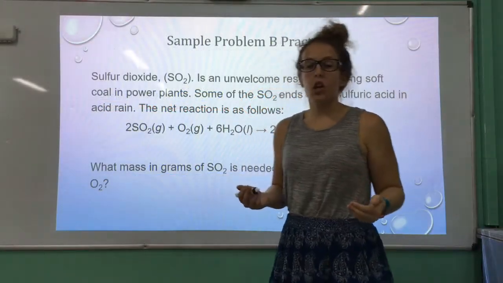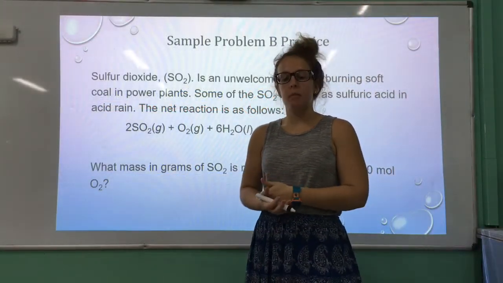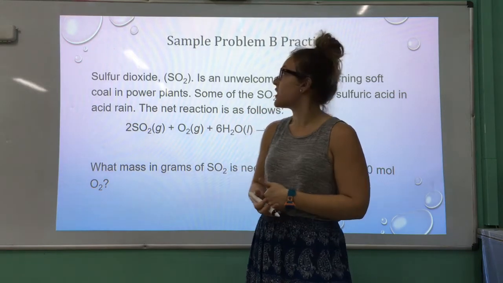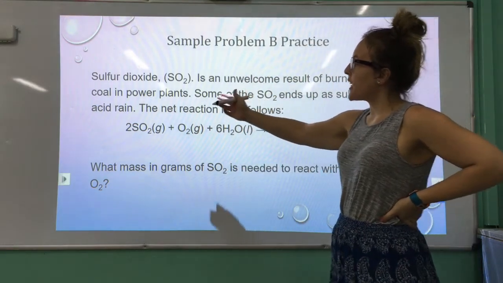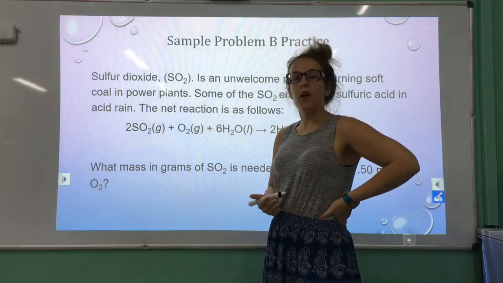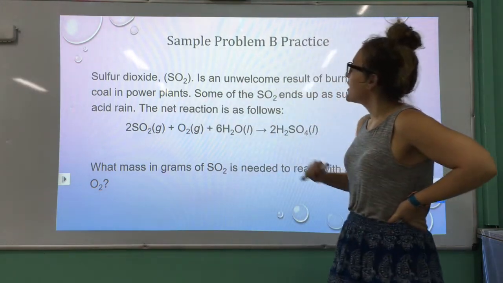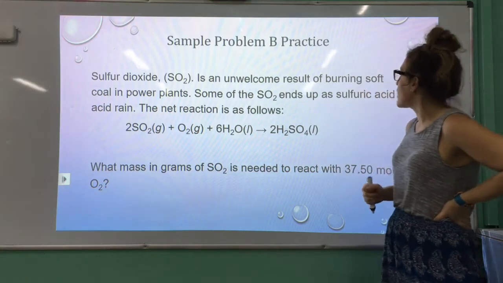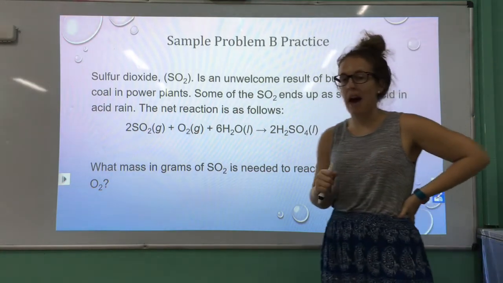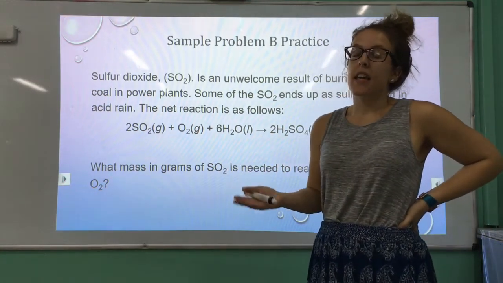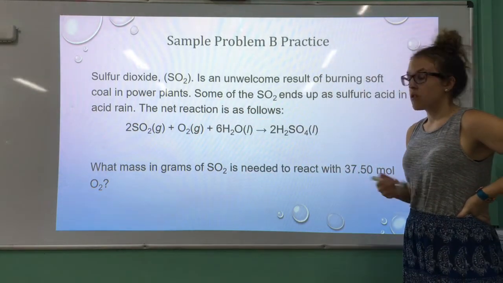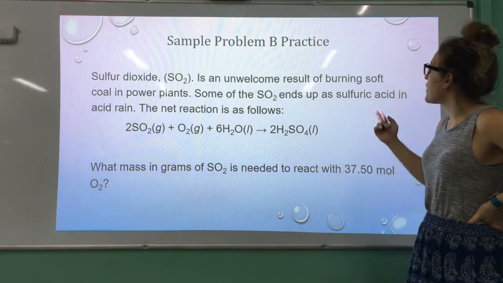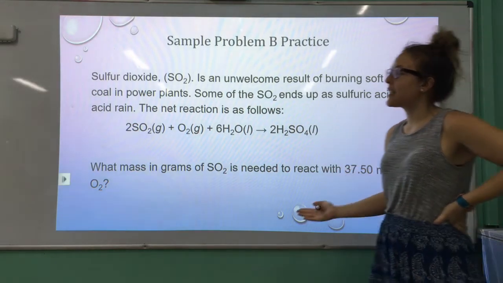Okay, so if we look at a practice problem that's similar to sample B, which we just did, it says sulfur dioxide, which you by now know is SO2, is an unwelcome result of burning soft coal in power plants. So it is an air pollutant. Some of the SO2, sulfur dioxide, ends up as sulfuric acid in acid rain.